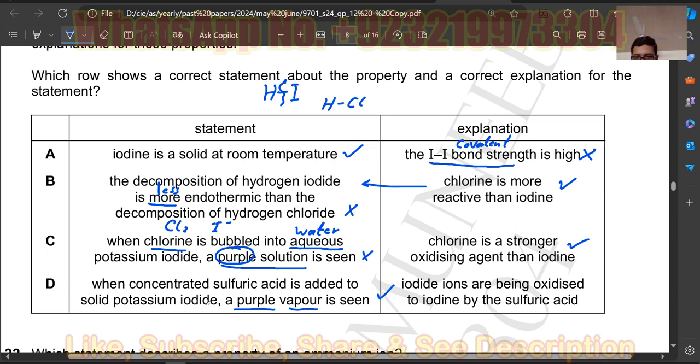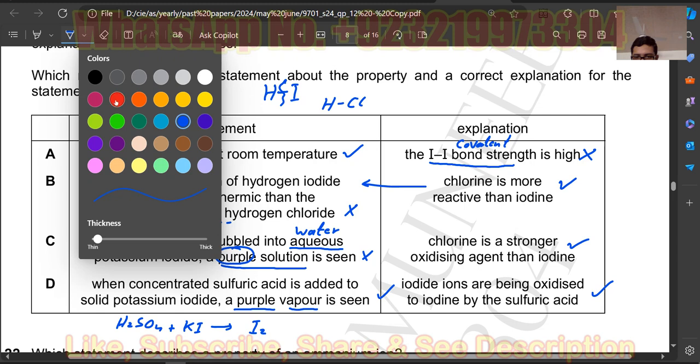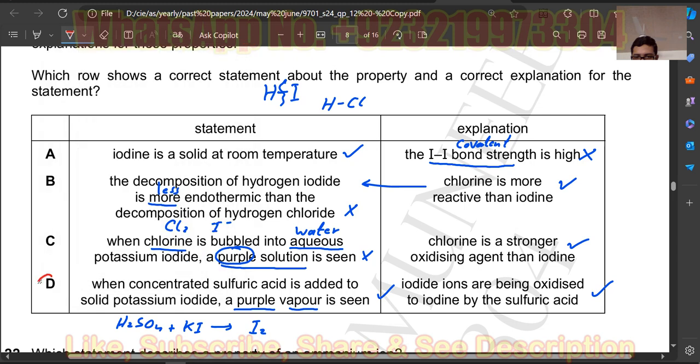And yes, when sulfuric acid is reacted with any compound of iodine, let's suppose here it is KI, then as a result I2 is produced in the vapor form with purple color. And why? Because iodide ions are being oxidized to iodine by the sulfuric acid. Yes, that is correct also, because sulfuric acid works as an oxidizing agent here. So the correct option becomes D.